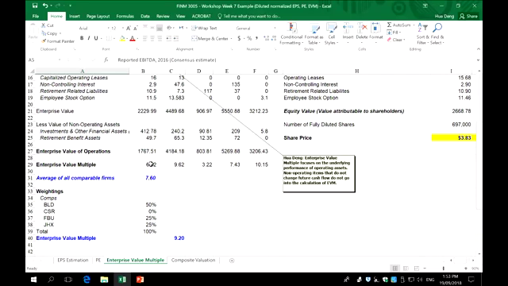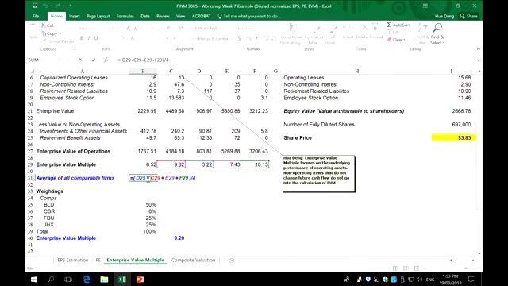I did calculate the enterprise value multiple for each company. So some companies were valued at 9 times, very much a premium over other companies, some companies at 3 times. And then the average of all of these comparable firms is about 7.6 times.